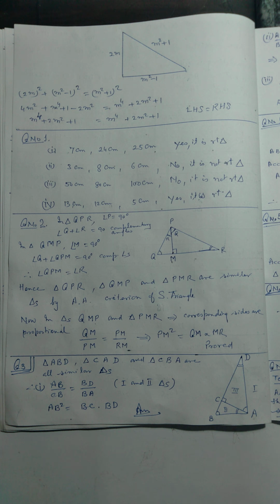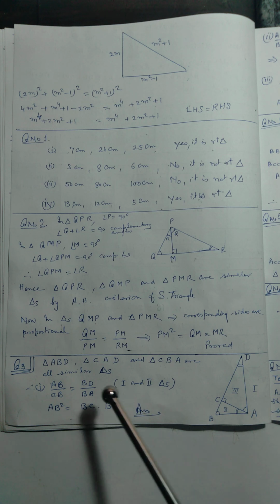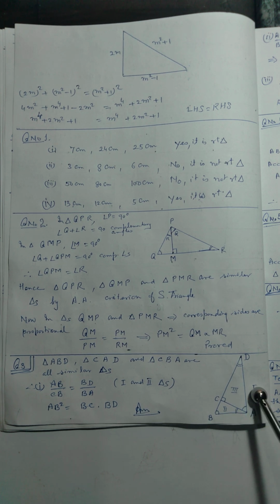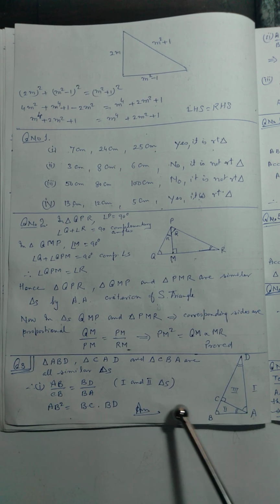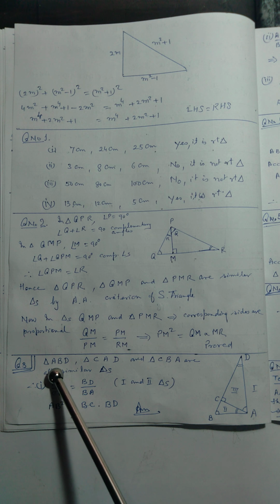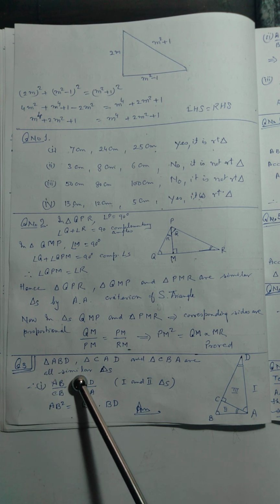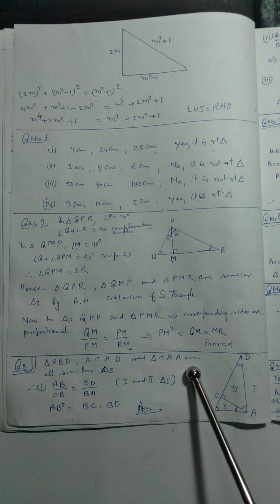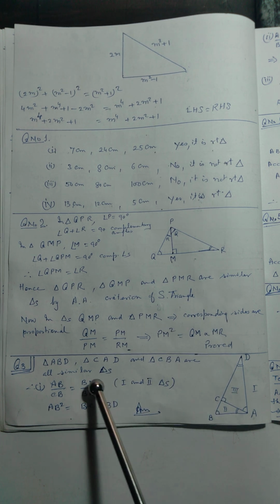And third is AD square is equal to BD into CD. So first question is this here, you see. Again I have written first, second and third triangle. The names of the triangles are ABD, CAD and CBA.